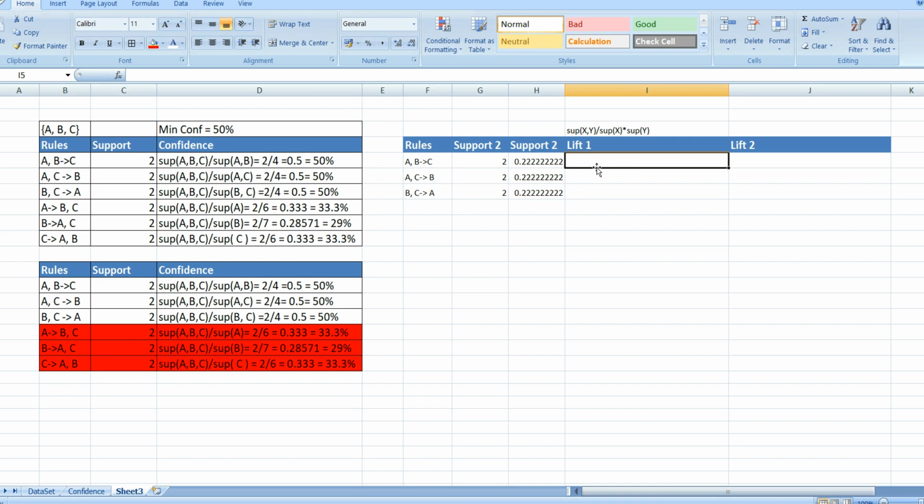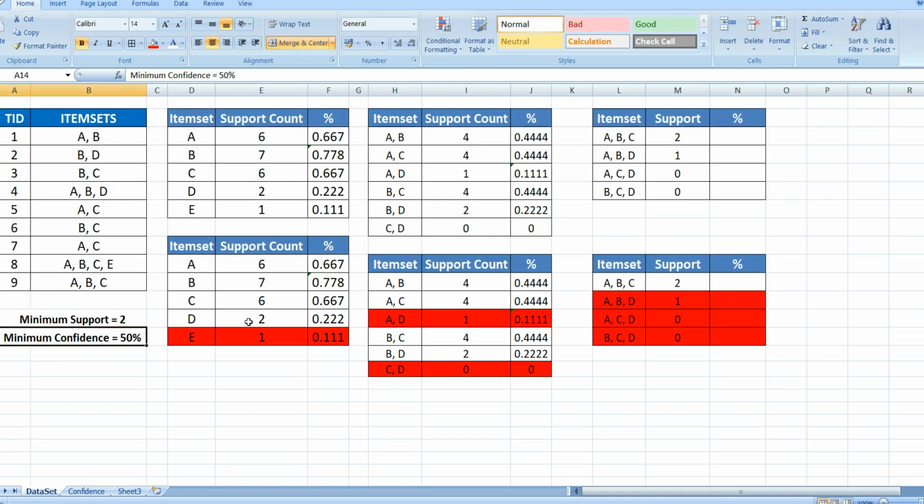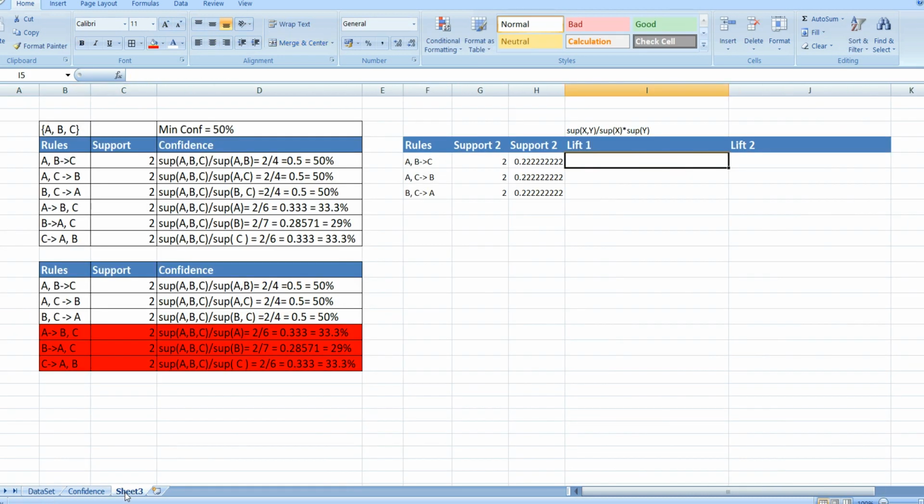This gives us a value of support of X and Y. Let's go and check the support of X and Y. In our example there, we have got the support of A, B, and C, which in turn is this value.